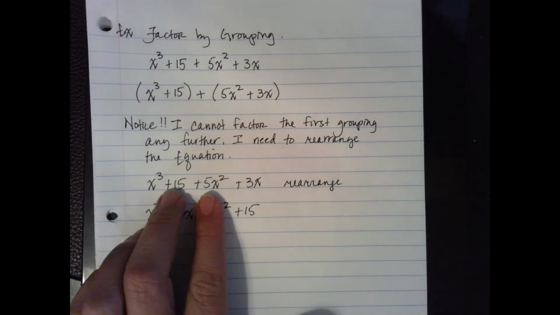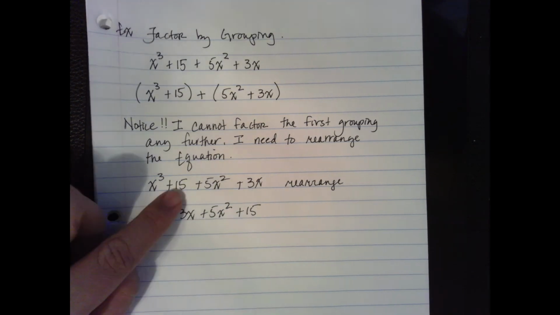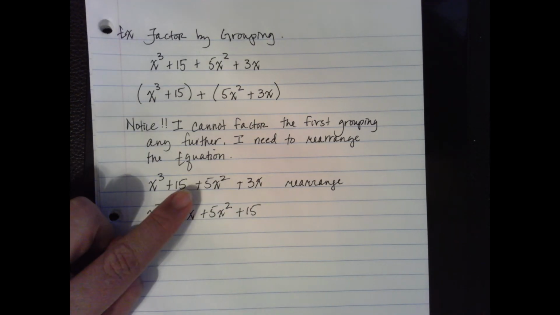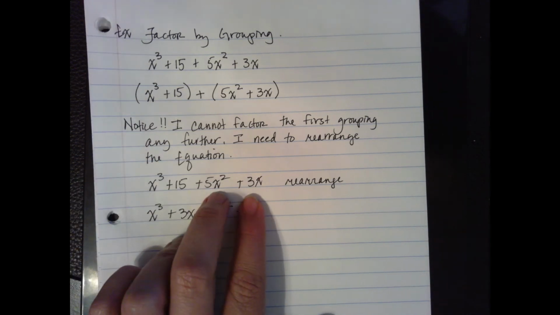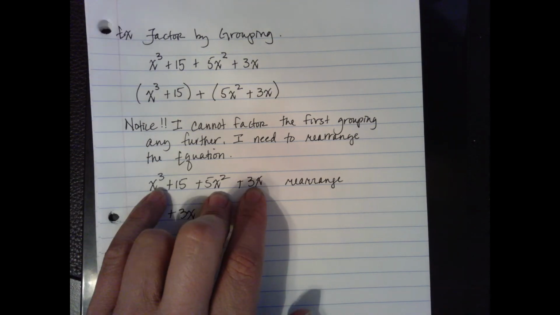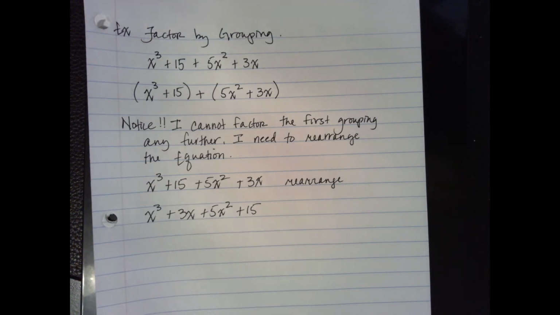I could have chosen the middle two numbers to flip. It's the 15 I want to move because that doesn't have a common factor with x cubed. Both of these do have common factors with x cubed. They both have x. So I'm just trying something out. It's your choice. You want to rearrange it and then group it.